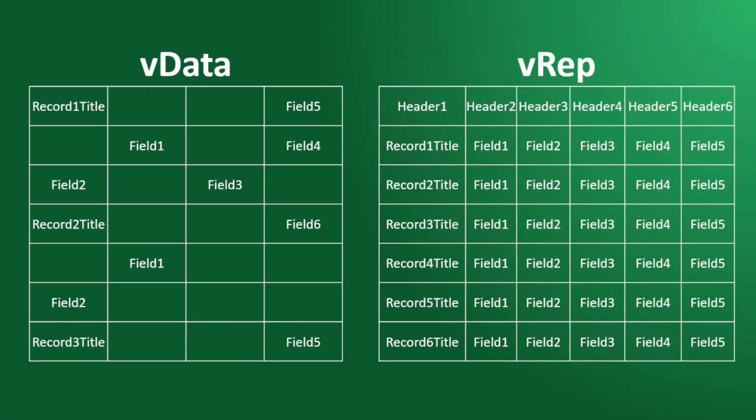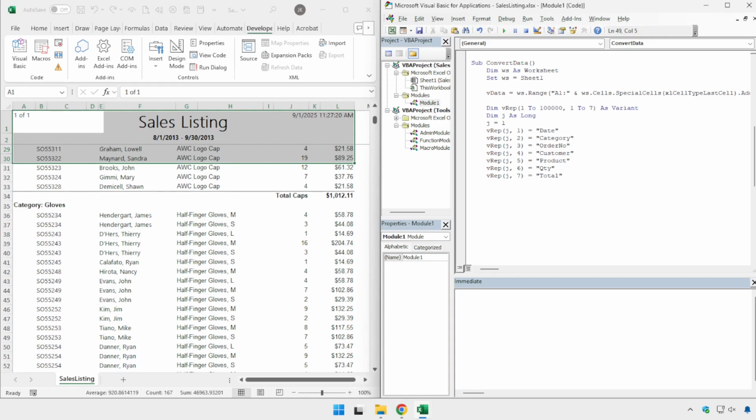When you think of vdata and vreport, it should look like this, where vdata is your scrambled data from the export, and then vrep should just be a grid where everything is neatly ordered how you want it. The next thing I do, and this is my particular style, is record which columns have the data that I'm looking for.